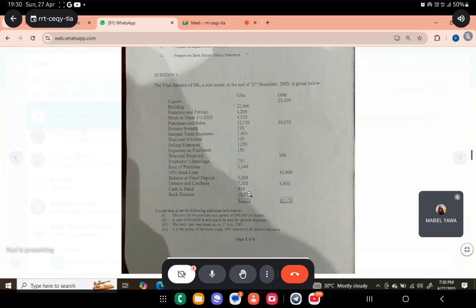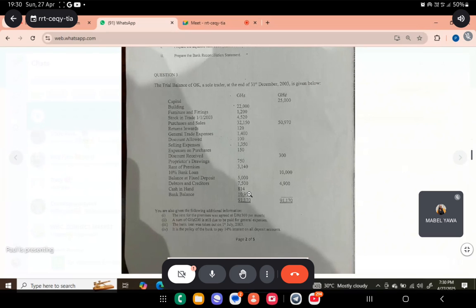The last additional information says that it is the policy of the bank to pay 14% on all deposit accounts. So it is the bank's policy, the bank that you are depositing the debt, to pay 14% on all deposit accounts.